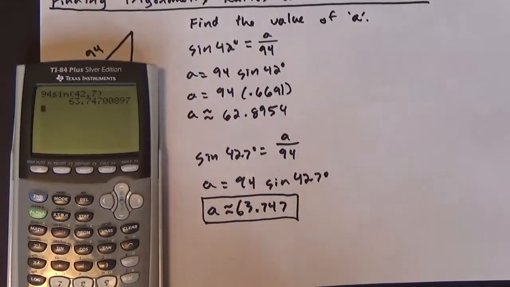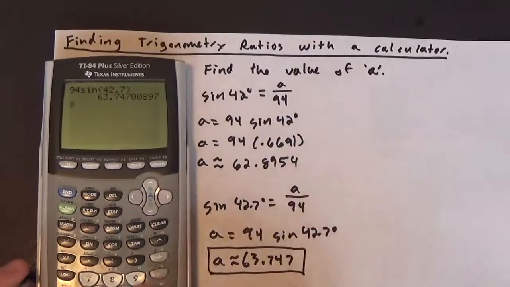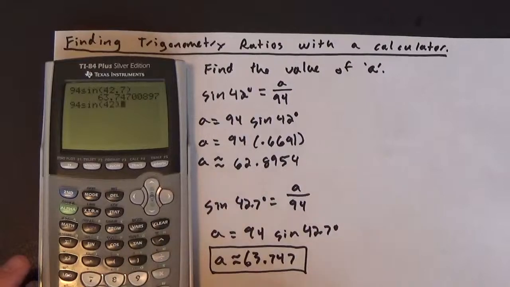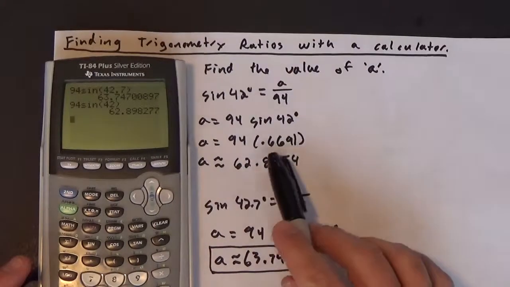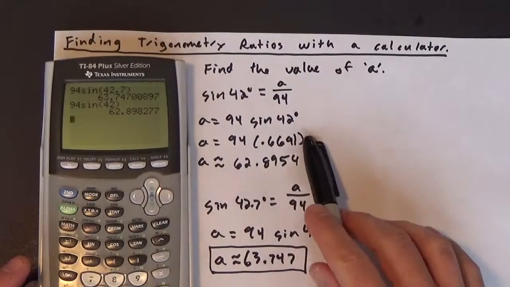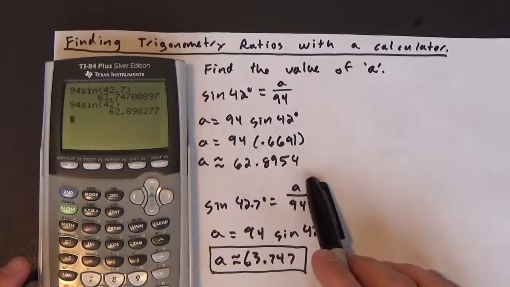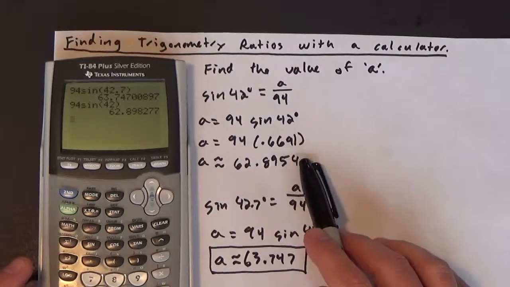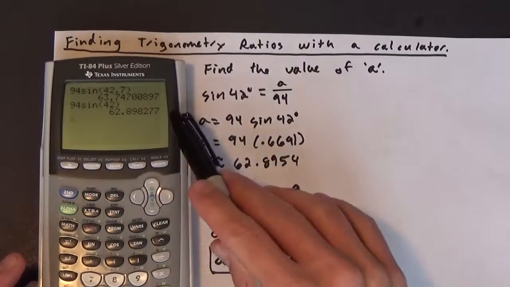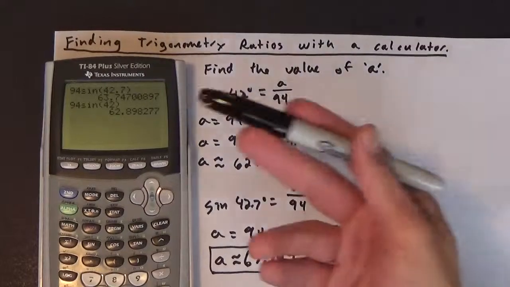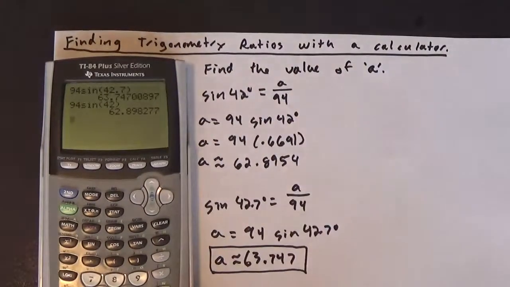Let's try the one up here: 94 times the sine of 42 ends up being 62.898. You'll notice that when we use a table, there's some round-off error, so those weren't as accurate as using either a bigger table or a calculator. So there was a little bit of a difference there.